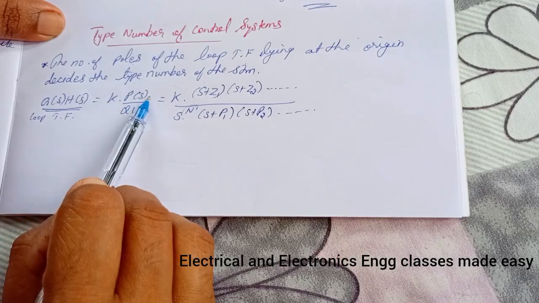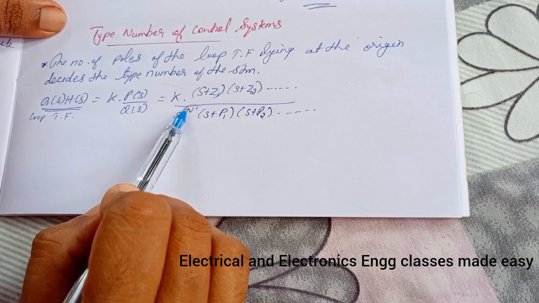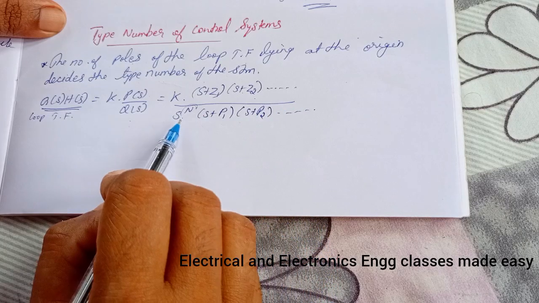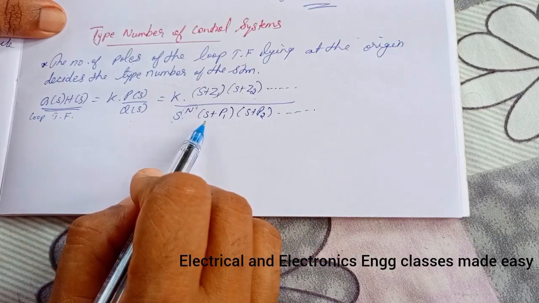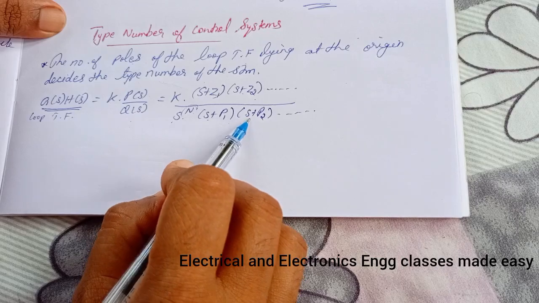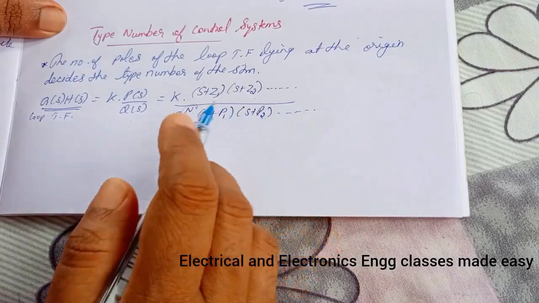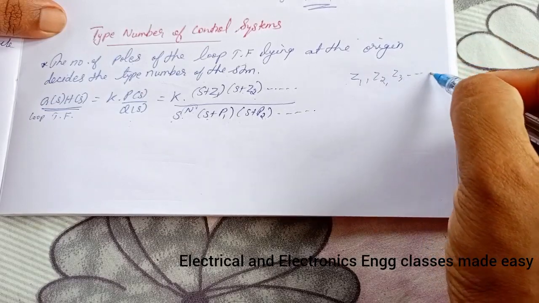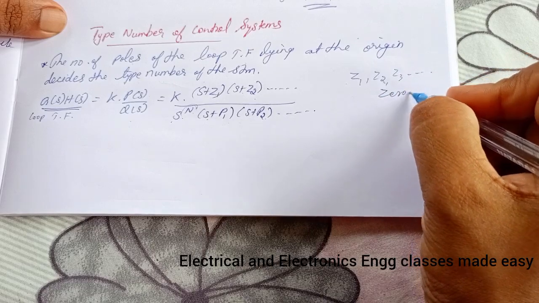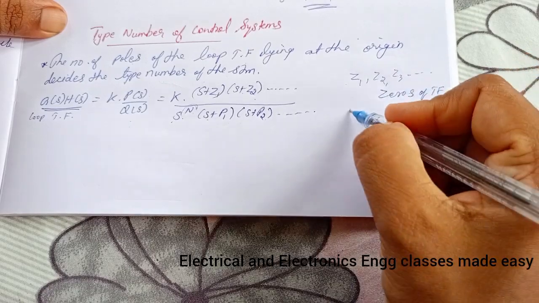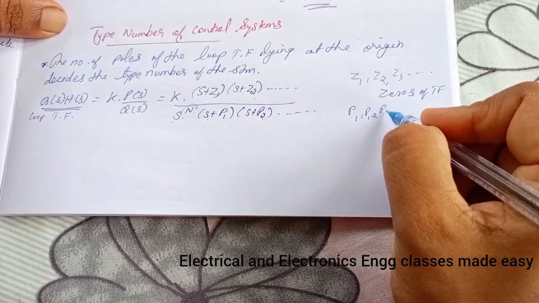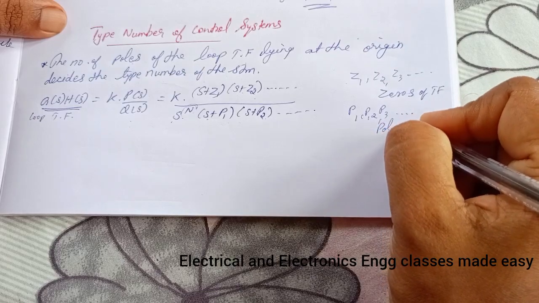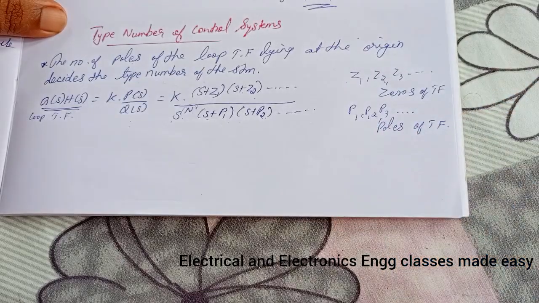That is K P(s) divided by Q(s), that is K (s+z1)(s+z2)... divided by s^n (s+p1)(s+p2)... Here z1, z2, z3 and so on are called the zeros of the transfer function, and p1, p2, p3 are called the poles of the transfer function.